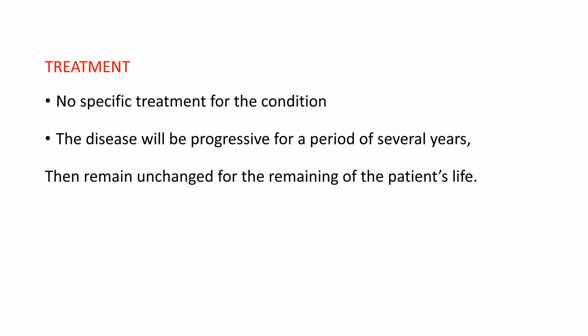Coming to the treatment plan, there is no specific treatment for facial hemiatrophy. The disease will be progressive for a period of several years and it remains unchanged for the remainder of the patient's life. So that is all about facial hemiatrophy.